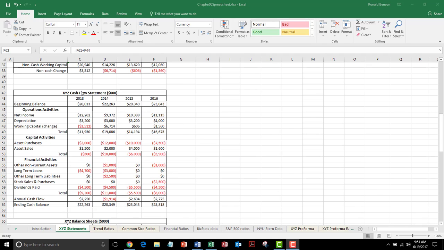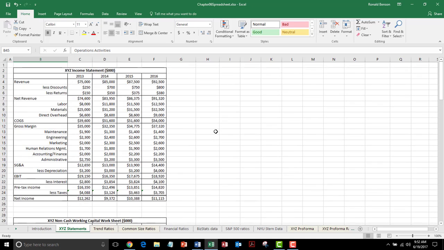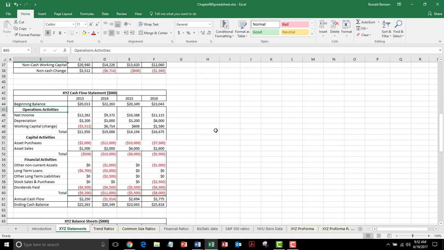So here's the cash flow statement. We have 3 parts to a cash flow statement: the operations activities, the capital activities, and the financial activities. The operations activities are taken from the working capital worksheet and the income statement, as we'll see.